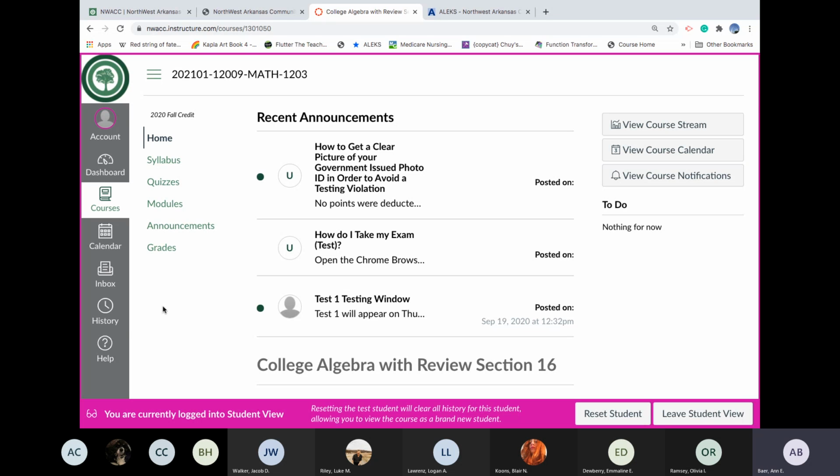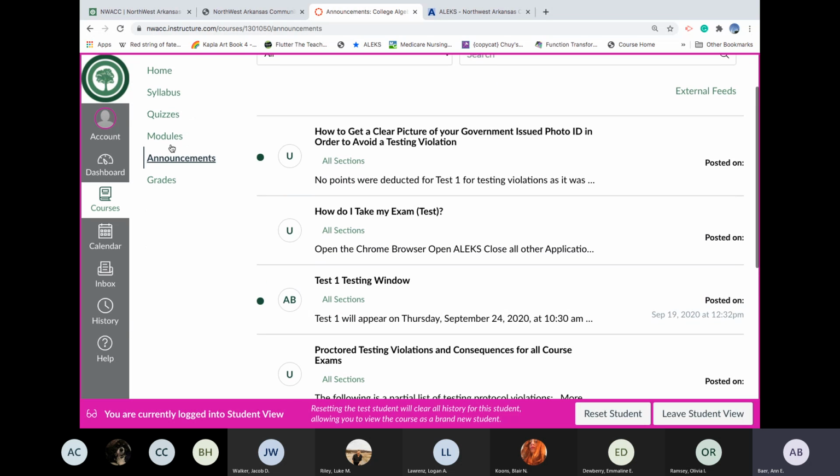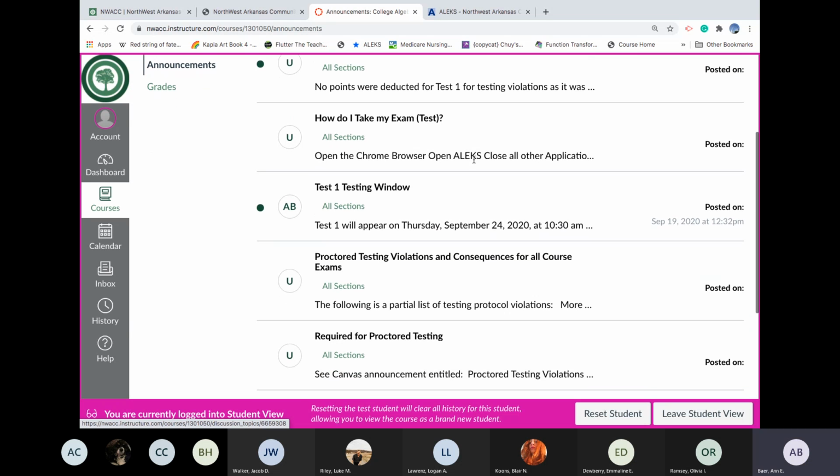So let's take a look. I want to first talk about this announcement, and this is one of the testing announcements. I'm going to click on announcements, and this is the student view that you see. You'll see there are quite a few announcements about testing: how to get a clear picture of your government ID, how to take my exam test.